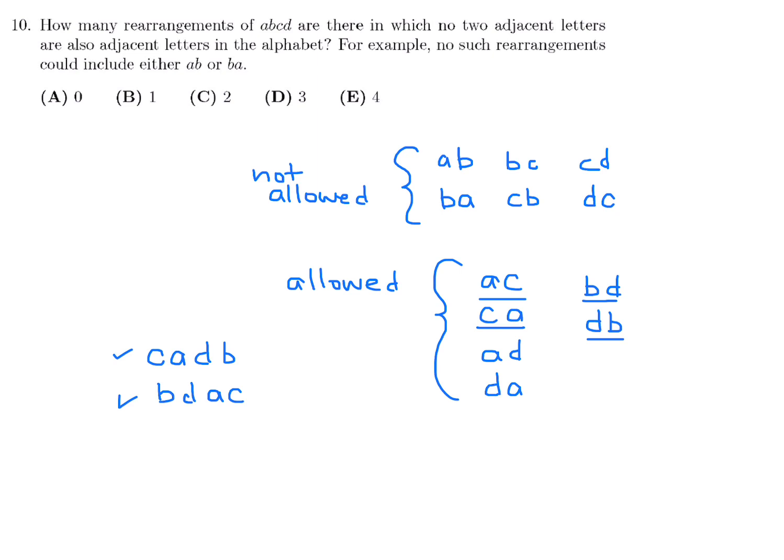How about if I tried, let's say, AC? If I use AC and then I put, say, BD, those two are allowed, but when you put them together, watch, C and B are adjacent in the alphabet, so they can't be adjacent in our arrangement. So as you can see, these are the only two that actually work. So number 10, the answer is C.